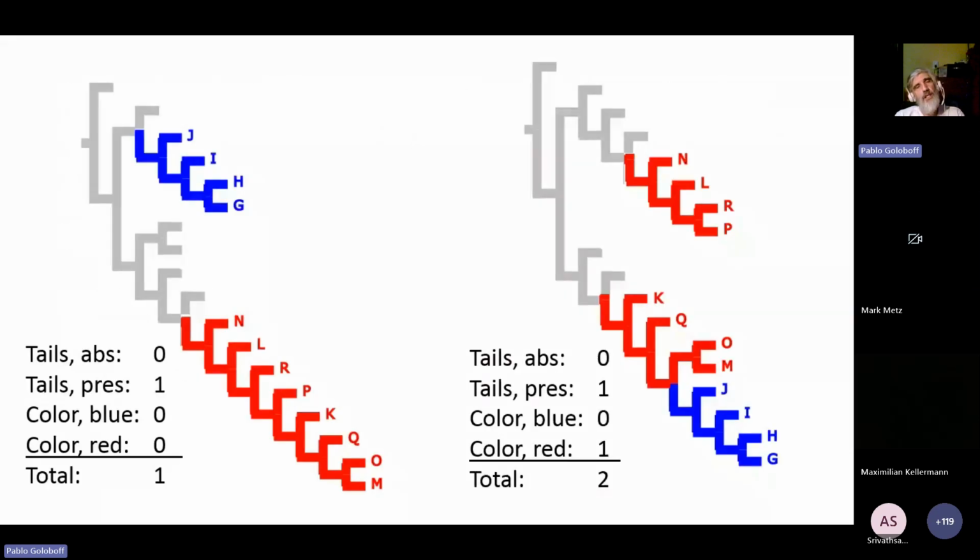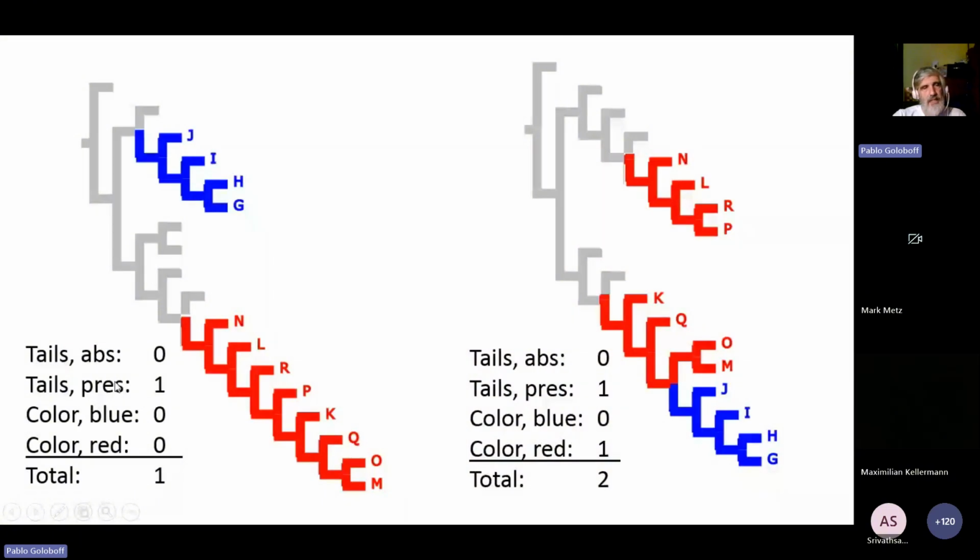So let us consider the trees we were looking at before. If you want to apply that here, you would have to count what happens for the tail absence, the tail presence. Tail absence, there is just one origination at the root. And then there is no case of a tail being absent when its ancestor is not absent.